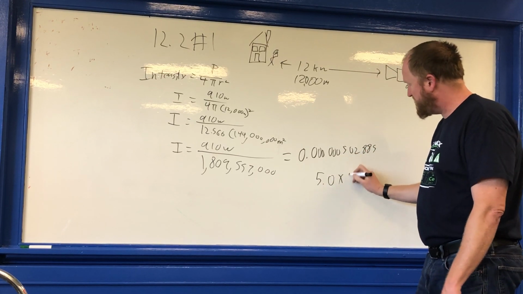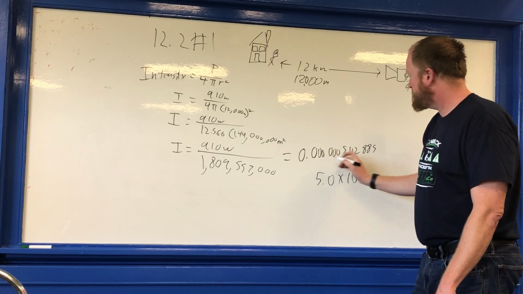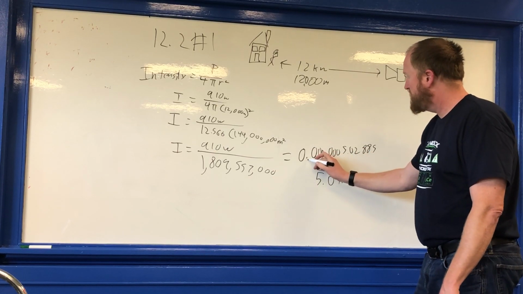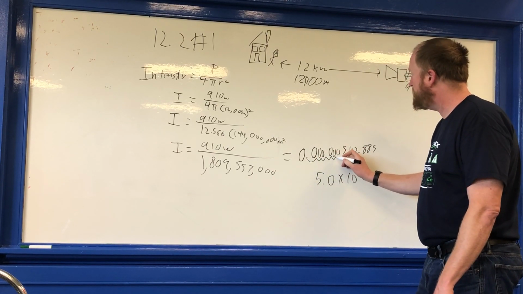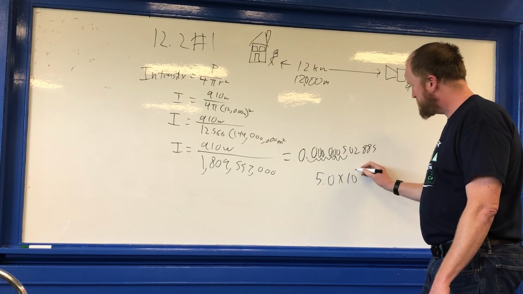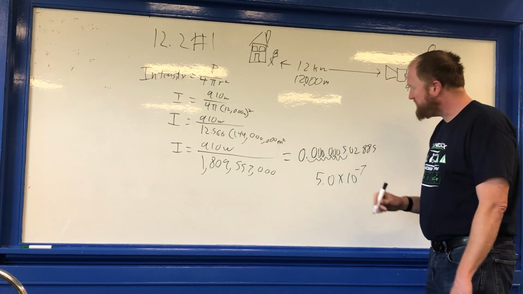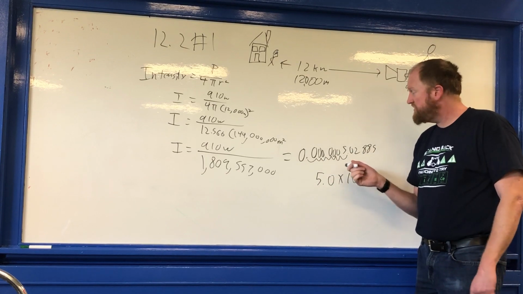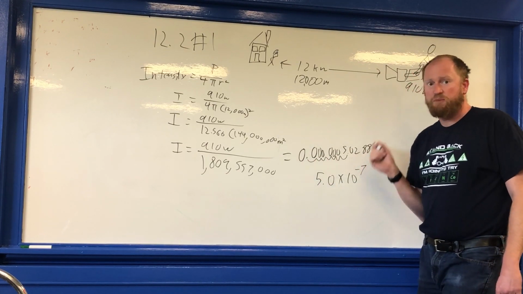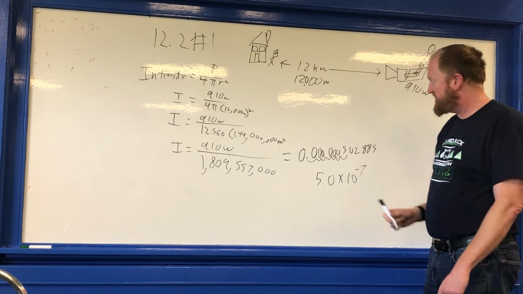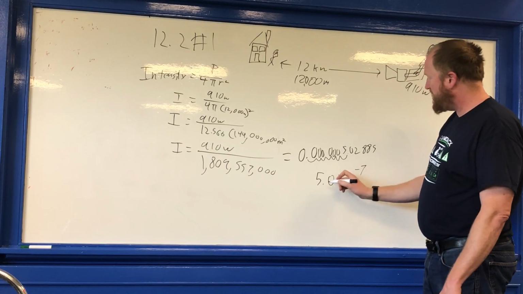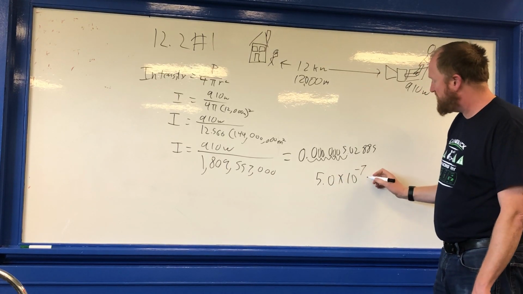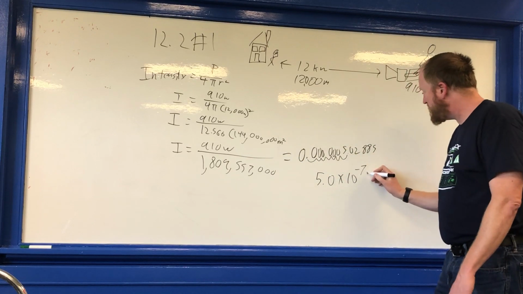So let's figure out what the exponent is going to be here. In order to get here, how many places do I have to move? 1, 2, 3, 4, 5, 6, 7. So it's negative 7. If you're wondering whether it's positive or negative, negatives are really small things, positives are really big things. So it's 5.0 times 10 to the negative 7 meters squared.